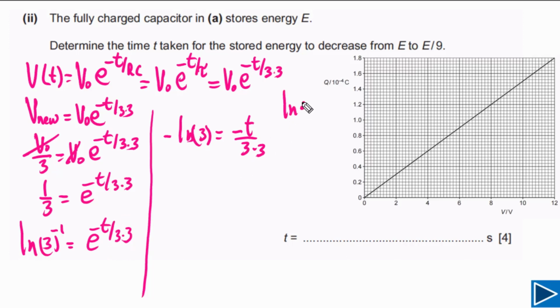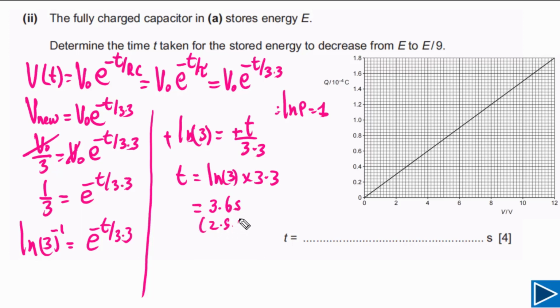So let me write here, ln of e is equal to 1. So this negative we can cancel with negative. So T from here is simply equal to ln of 3 multiplied by tau. And our final answer in this case will be 3.6 seconds up to 2 significant figures.